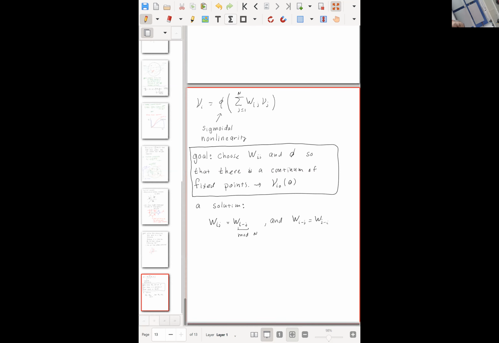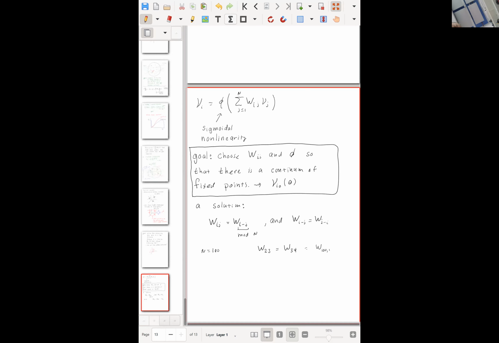Because if, let's say, n equals 100, what this means is W_2,3 equals W_3,4, right? Because the difference 2 minus 3 equals 3 minus 4, but this also equals W_100,1. Okay, so 100 minus 1 is 99, but mod n is the same thing as 2 minus 3, taken appropriately.